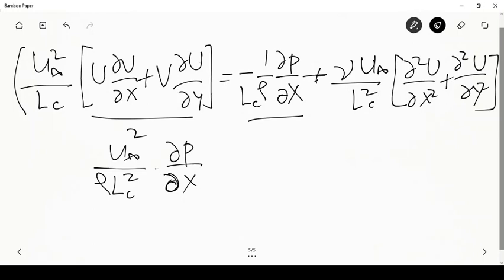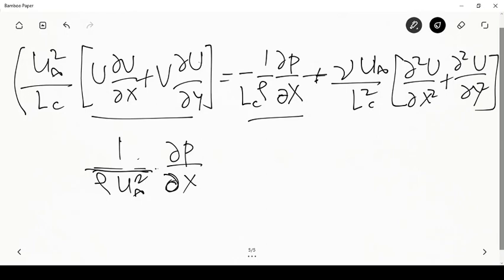Okay, so now what did I do? I wrote it opposite. So this LC would get cancelled and the u infinity square will come here, 1 over rho u infinity square del p by del x.